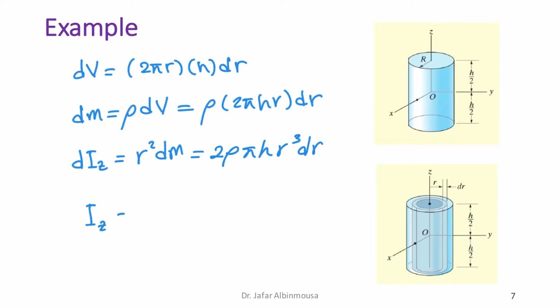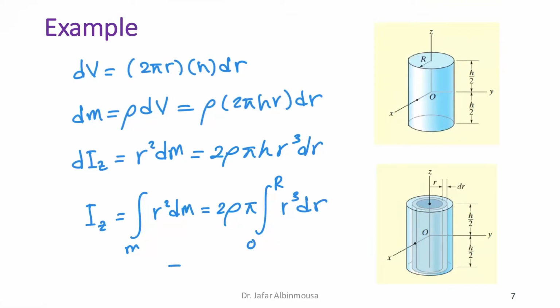So Iz is equal to the integral over the mass of r squared dm, which is equal to 2 rho pi h integration from 0 all the way to capital R of r cube dr. And from here, we get rho pi over 2 r to the power 4 h.